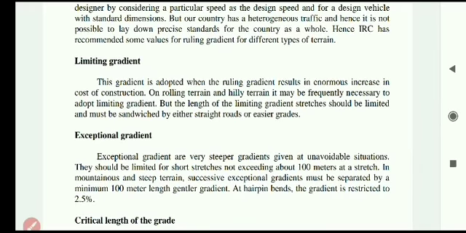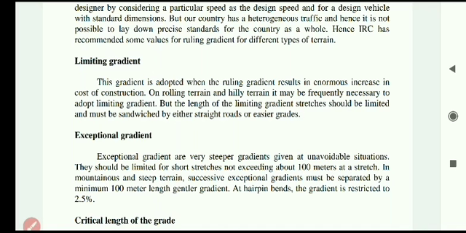Next comes exceptional gradient. These exceptional gradients are very steep gradients given in unavoidable situations. Exceptional means in extreme cases we give these gradients, where we can't go for soil filling or soil cutting, or ground filling or ground cutting.